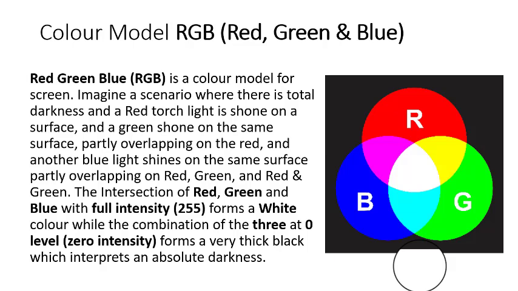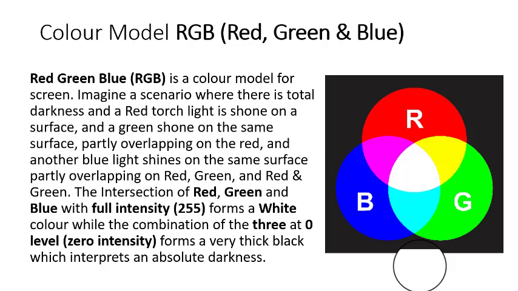The intersection of red, green, and blue with full intensity, that is 255, and that's the maximum degree for RGB color mode, 255, forms a white color, while the combination of the three at zero level, that is zero intensity, forms a very thick black, which interprets an absolute darkness.